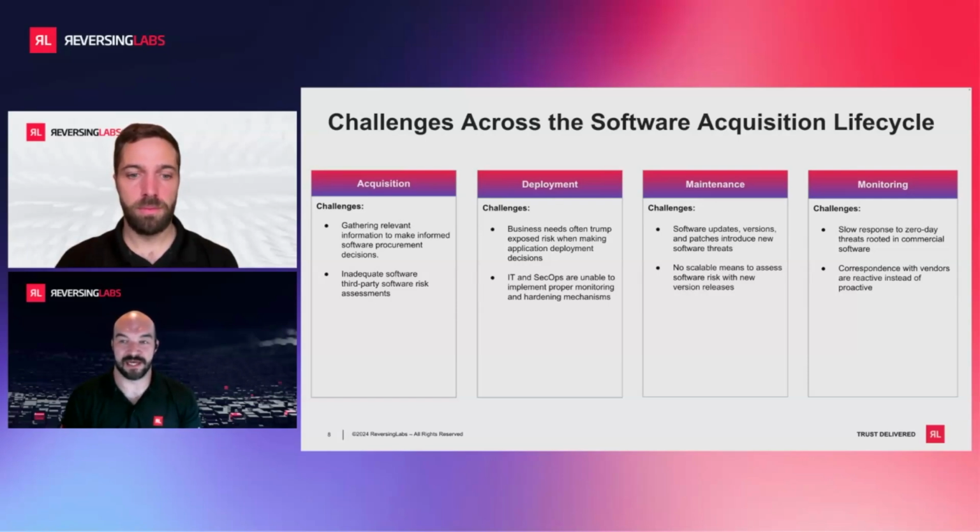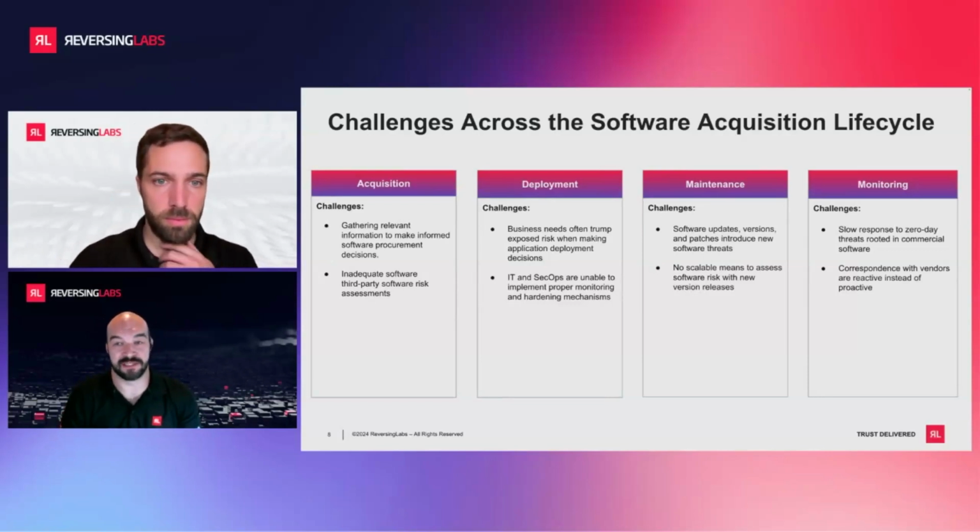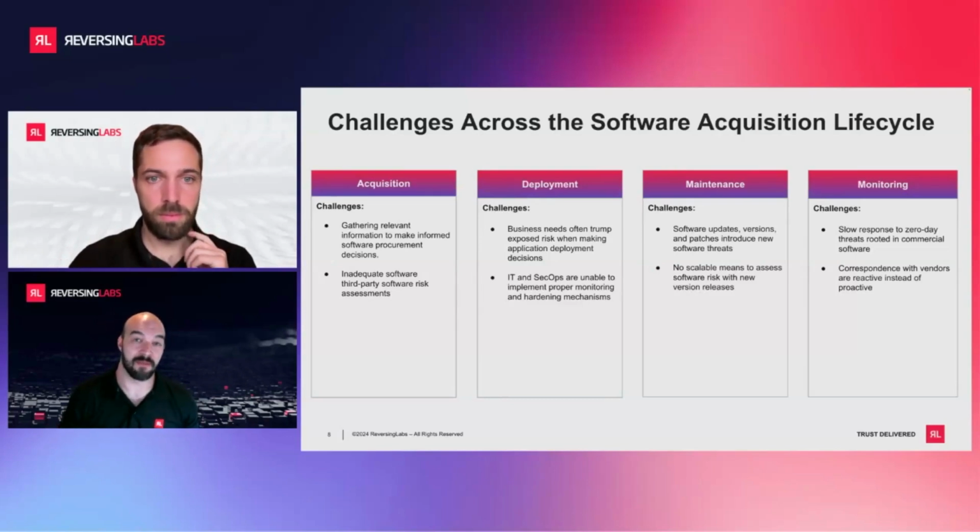When there's inadequate insight into potential risks embedded within that software, that means that the deployment team, whether that be your IT operations, or more often than not, your security engineering or security operations team, is unable to implement the right system and network hardening mechanisms to mitigate those risks. So if they don't know what they don't know, they can't stand up the proper controls.